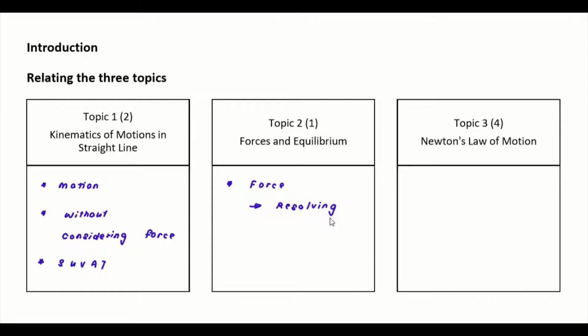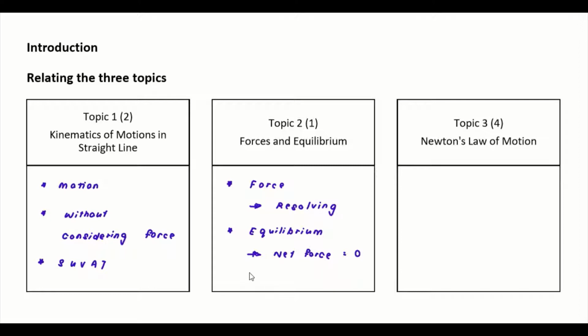After that, we looked at the state of equilibrium, which means all the situations we looked at had no net force. The net force is equal to zero, because equilibrium means the resultant is zero.